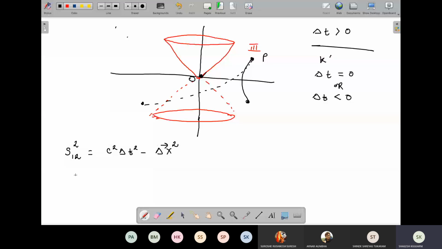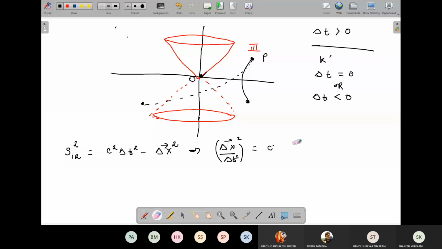If I say this is equal to 0, then delta x square by delta t square is equal to c square. This would mean that we are traveling at the speed of light, meaning that dx by dt is v, which is c. That is the meaning. Clear?